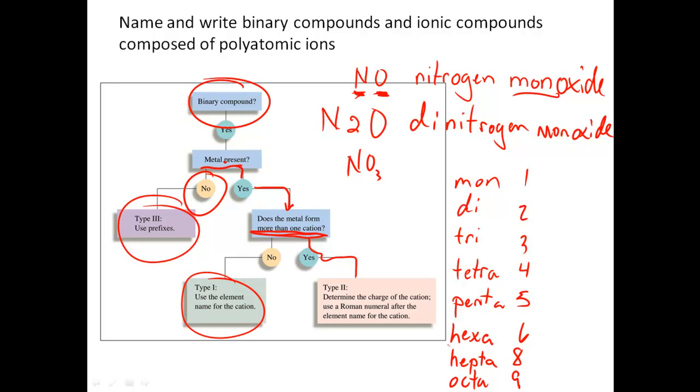Next, let's think for a moment about naming ionic compounds where we have polyatomic ions. Things like iron nitrate.